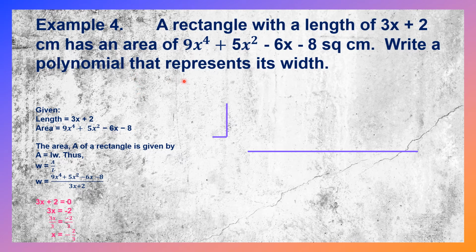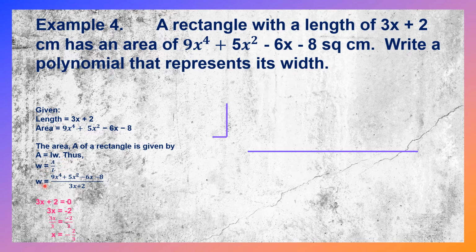And what is being asked is to write a polynomial that represents its width. We all know that the area, denoted as A, of a rectangle is equal to length times width. Thus, to find the width, it is equal to area over length.